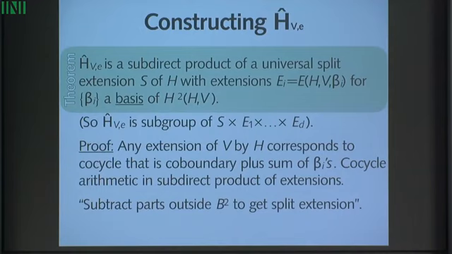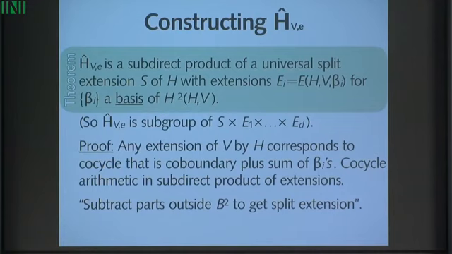That's where this comes from, with extensions which are non-split, and these non-split extensions I form for a basis of the two cohomology group. So my cover is a subdirect product of a universal split extension with such extensions which are non-split.